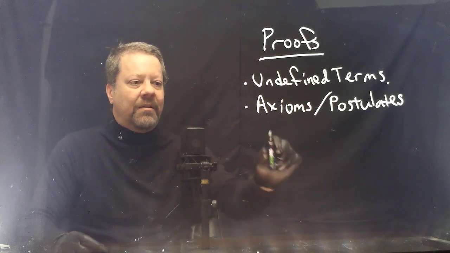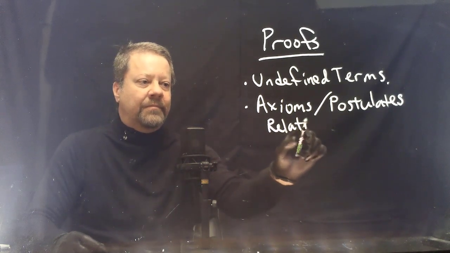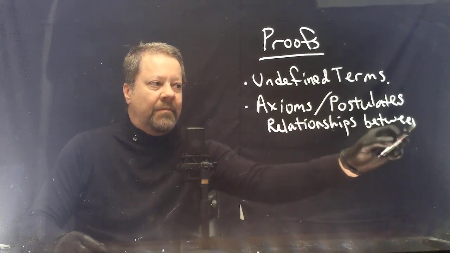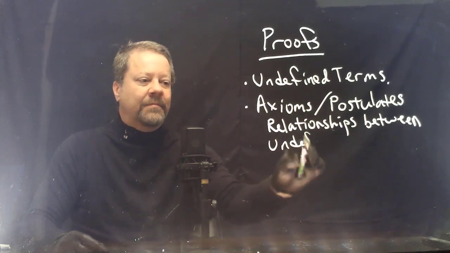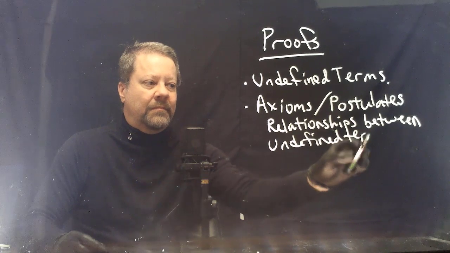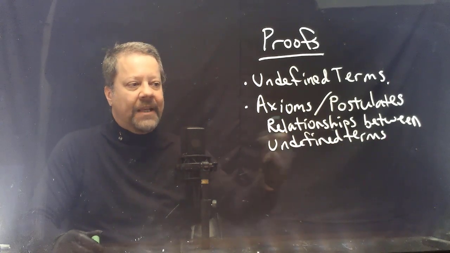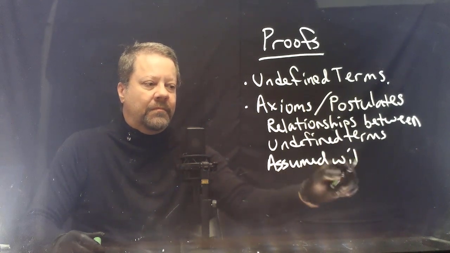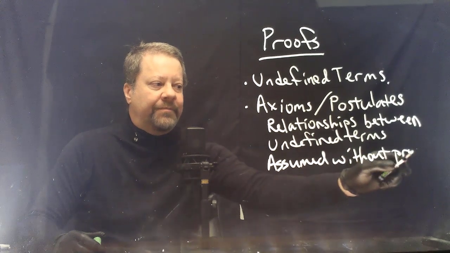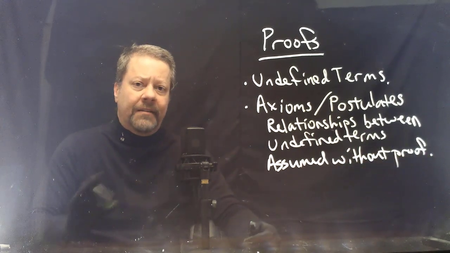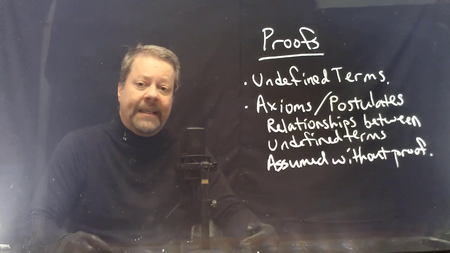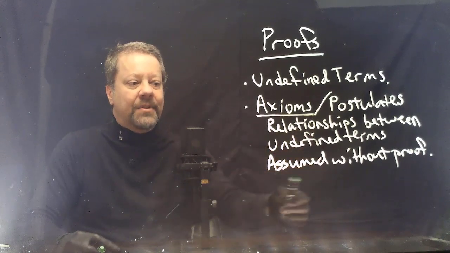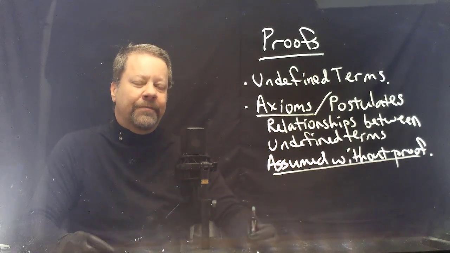These axioms are relationships between the undefined terms, and these relationships are assumed without proof. So every subject that is deductive in nature begins with undefined terms, and then the relationships between those are given by axioms, and these are assumed without proof.